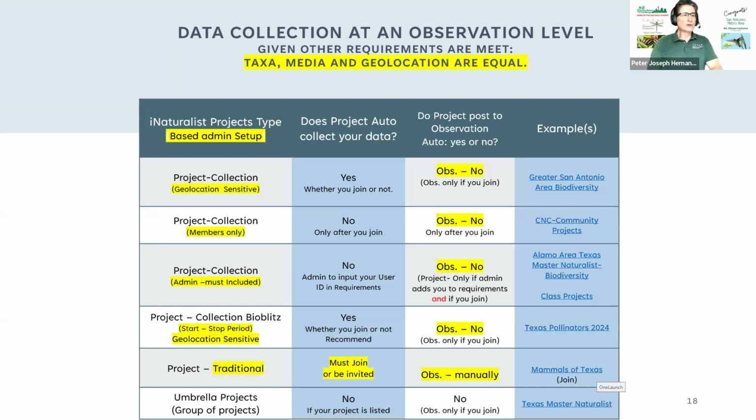It could be geolocation sensitive, where anybody within that location that takes an observation, based on their other requirements of taxa and so forth, it's sensitive to that. Now, does it collect automatically? Yes. Does that person know that they're being collected if they don't join it? No. I have a collection project called the Greater San Antonio Area Biodiversity Project.